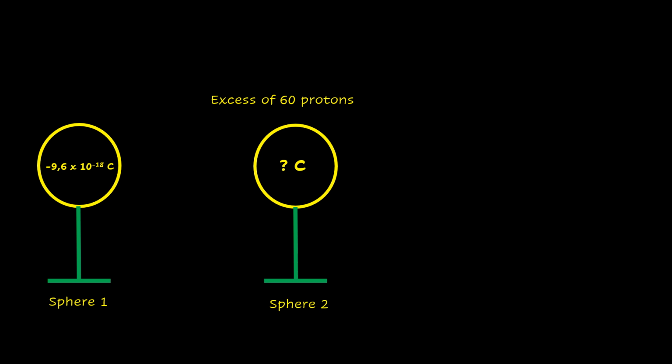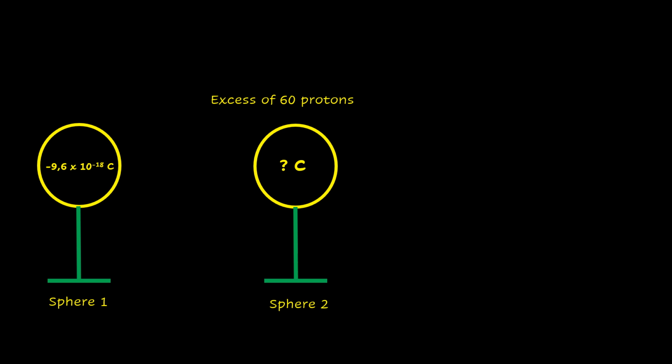This means it is positively charged. However, we do not know the charge on sphere 2 in coulombs, and that's what we need to first determine. To do so, we must determine the total charge when given a certain number of protons.